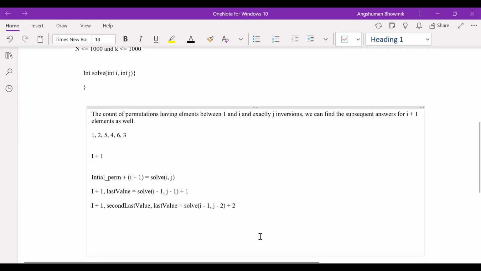If we observe carefully, there is a recurrence relation here.